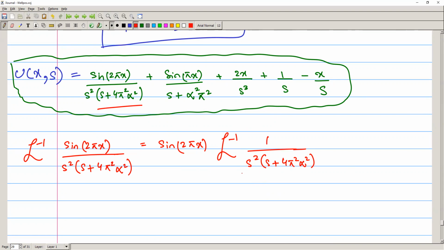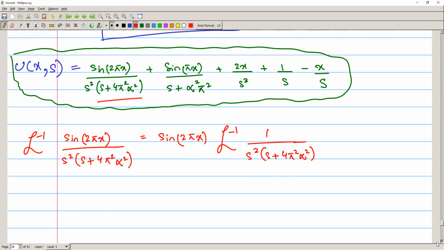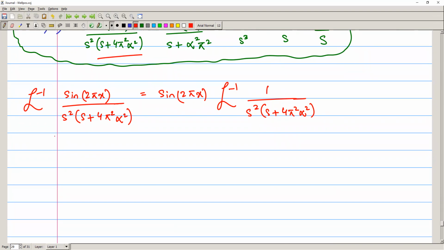So we need to use the convolution theorem, or we can use partial fractions to solve this problem. So let's take the partial fraction of this: As plus b over s squared, plus c over s plus 4 pi squared alpha squared.